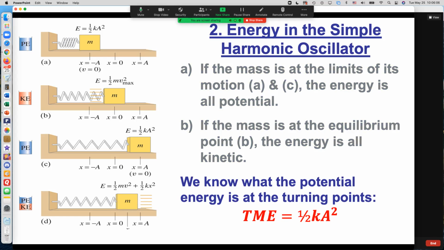And since we know what the potential energy is at the turning points, we can say that the total mechanical energy is equal to 1/2 Ka squared, where A represents the displacement of the amplitude. All right, so now we've got a fixed thing. 1/2 Ka squared is the total mechanical energy, which is conserved.